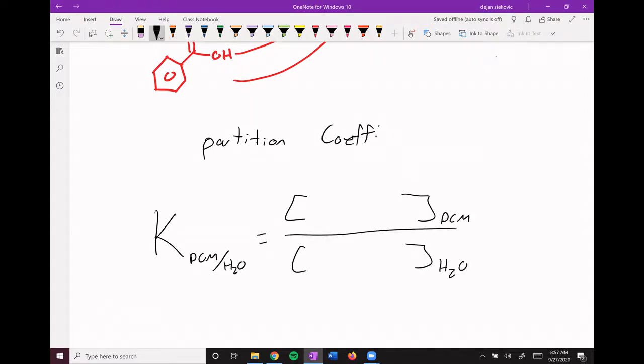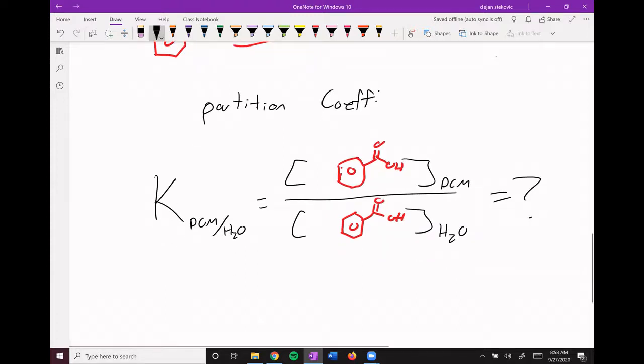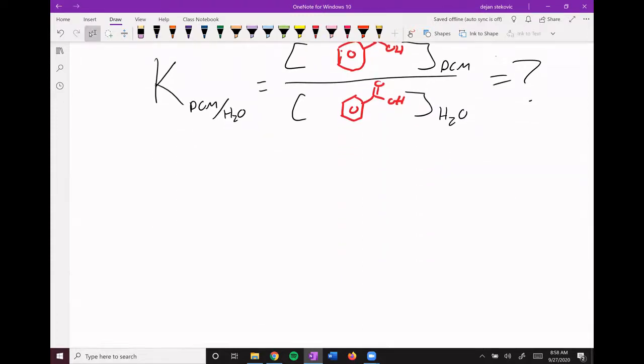Remember that these brackets mean concentration. And so this is what we're going to calculate: which layer is it going to go in. So think about the parts of benzoic acid that might make it go into one of these layers or the other.